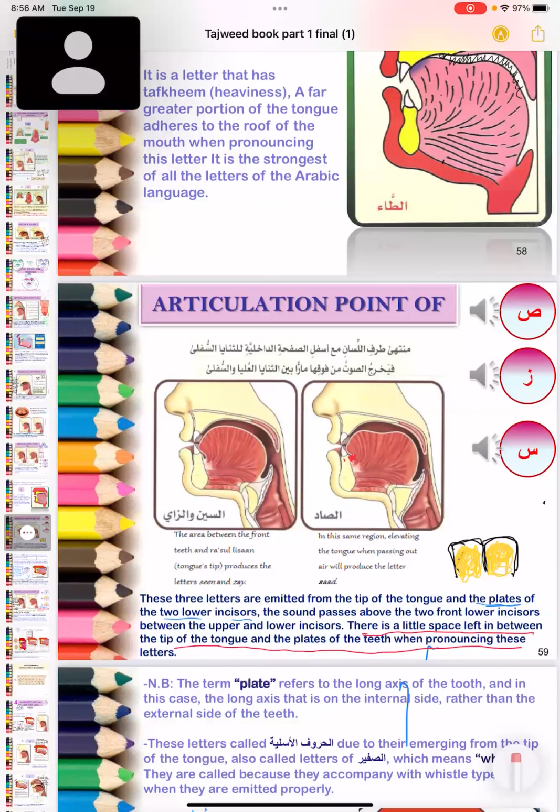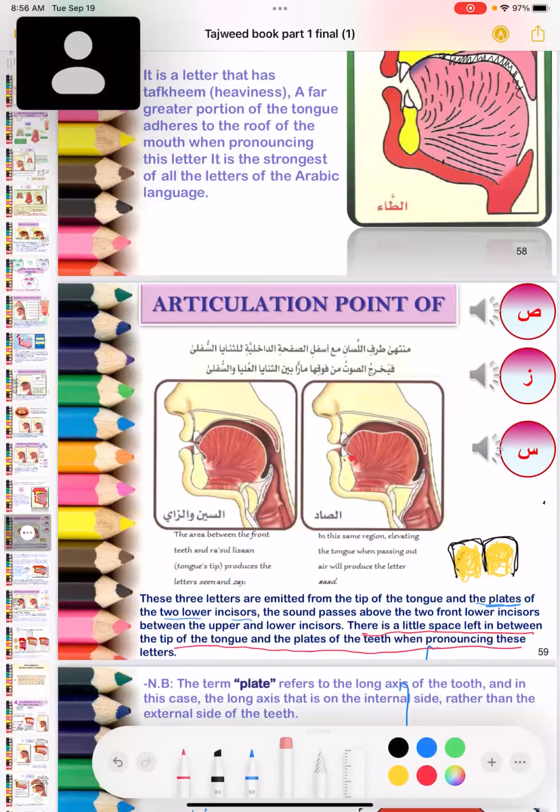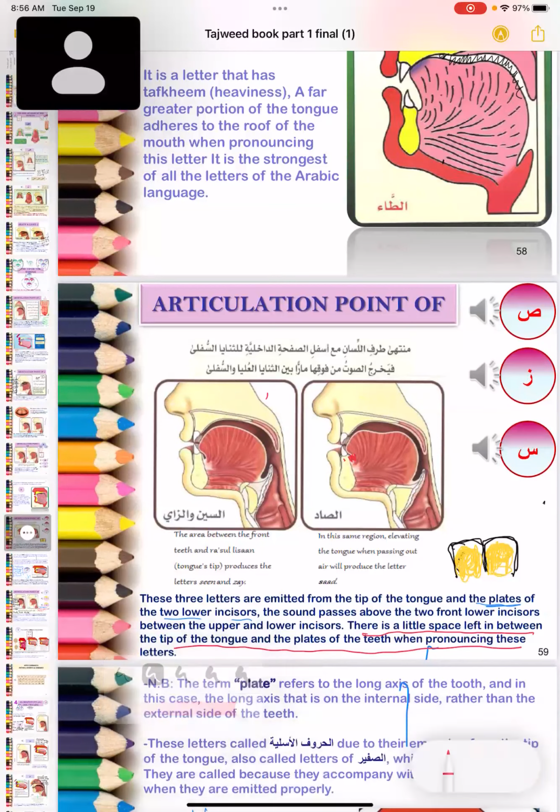And both Sin and Zai, just look at this picture here, sisters. Look at this picture that I'm marking now.